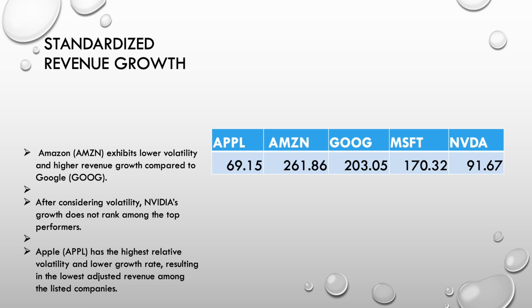Before adjusting for volatility, Nvidia was pretty much tied with Amazon. Once we remove the volatility from the revenue growth, it is in fourth place.